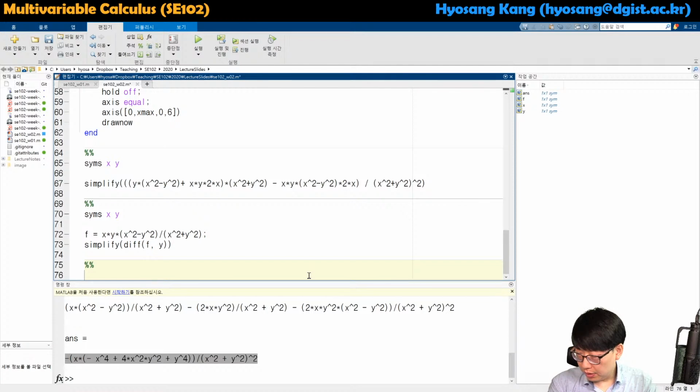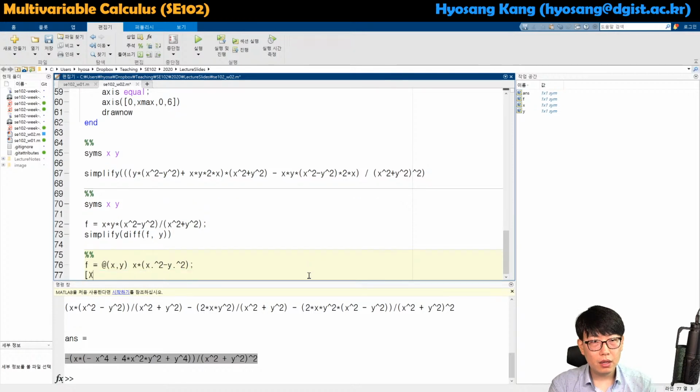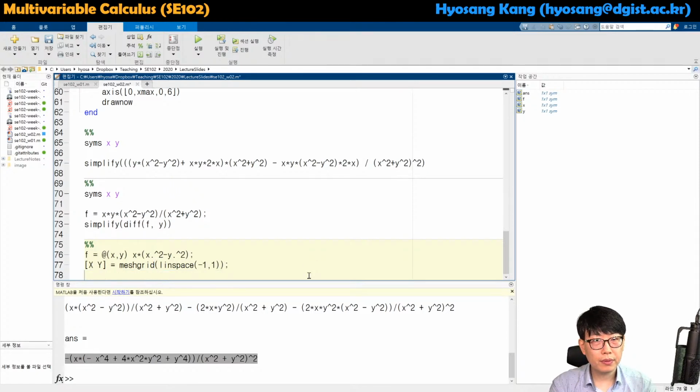I want to define a function of two variables, x times (x squared minus y squared), and X, Y is a meshgrid in the space -1 to 1, and I want to graph surf(X, Y, f(X,Y)).